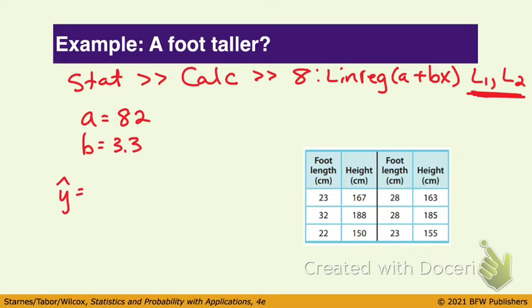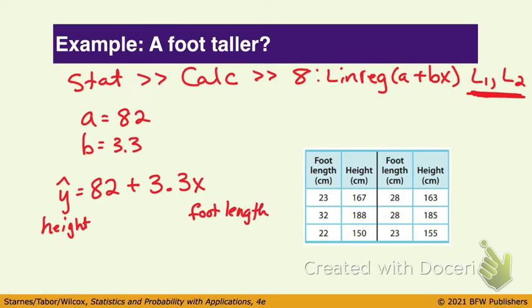So y hat equals a, so that would be 82, plus, because it was positive, 3.3x. And then we can make a note that y is height and x is foot length. And now we have the equation of our least squares regression line.